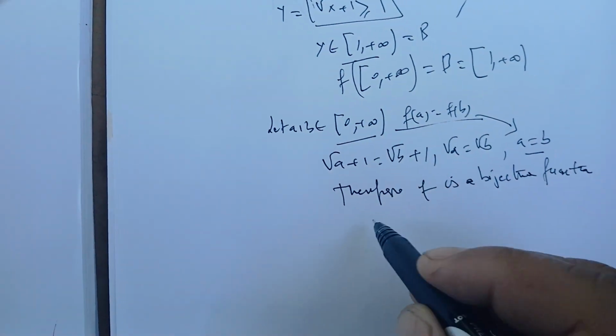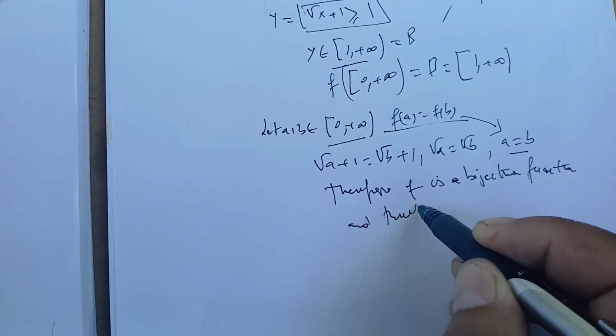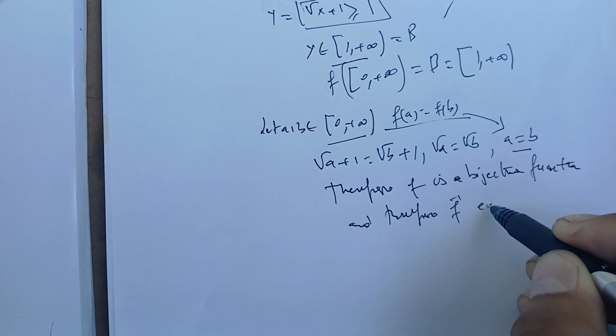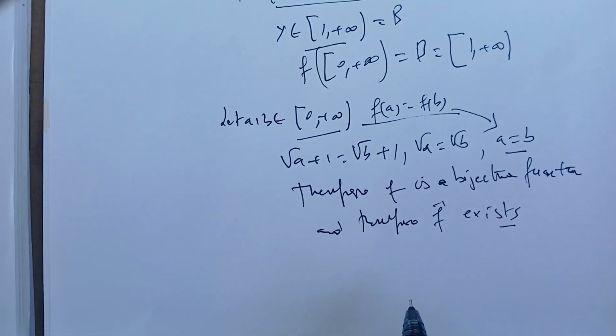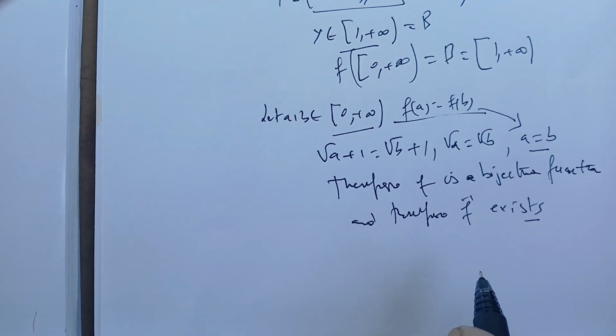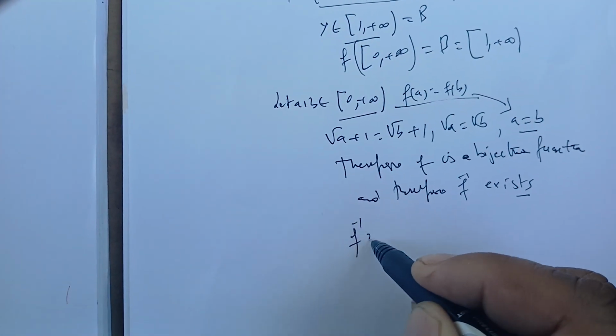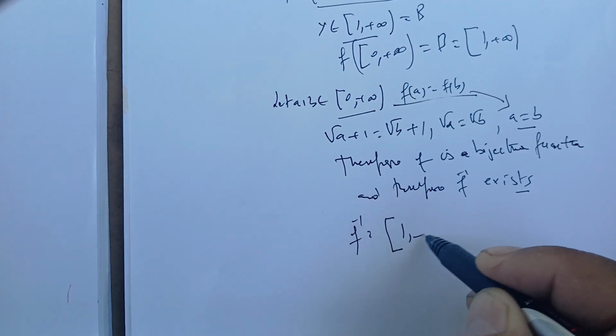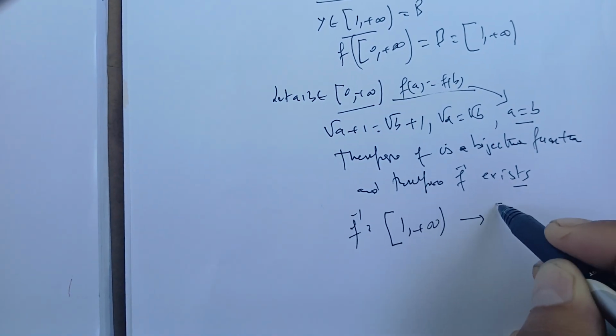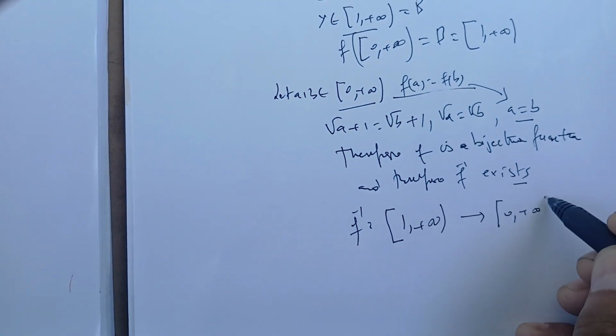And therefore, f inverse exists. So f inverse is going to be from this interval 1 plus infinity onto this one, 0 plus infinity.